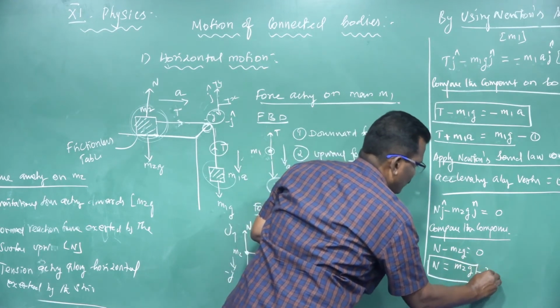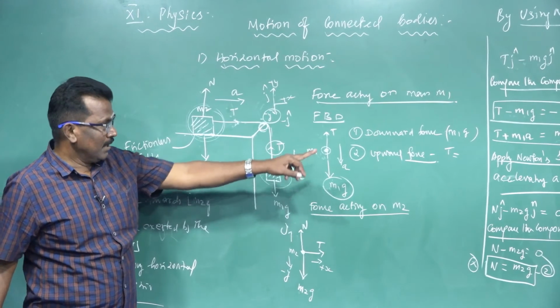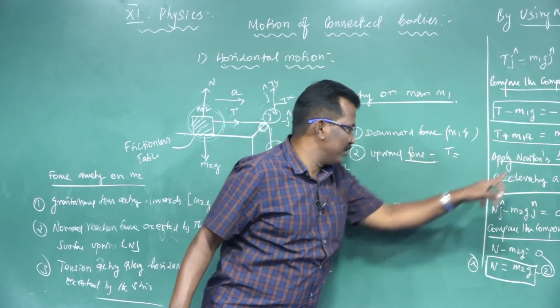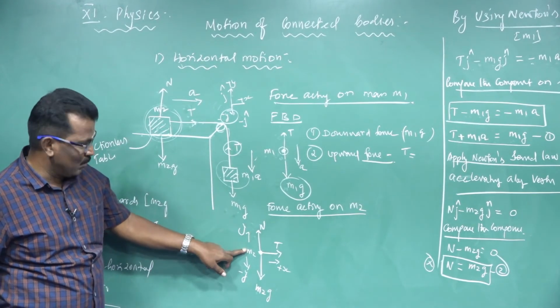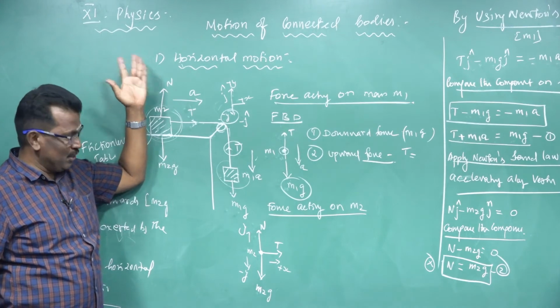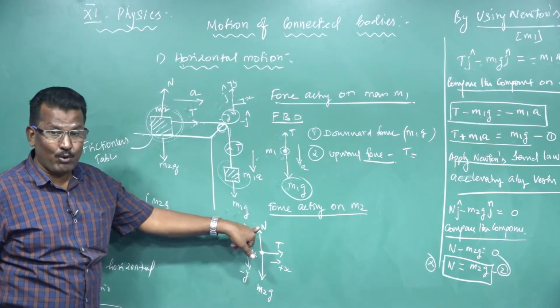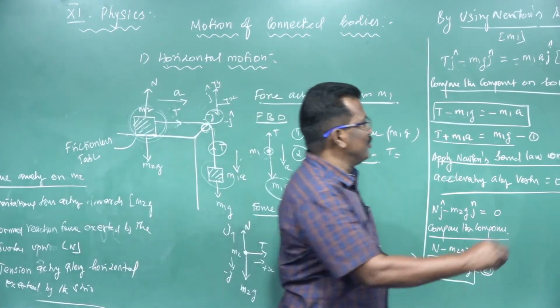Equation number 2. Equation number 1 is T plus M1a is equal to M1g. We calculated that by applying Newton's second law on M2, since the acceleration along the vertical becomes 0, the normal reaction force is equal to M2g. So N is equal to M2g.